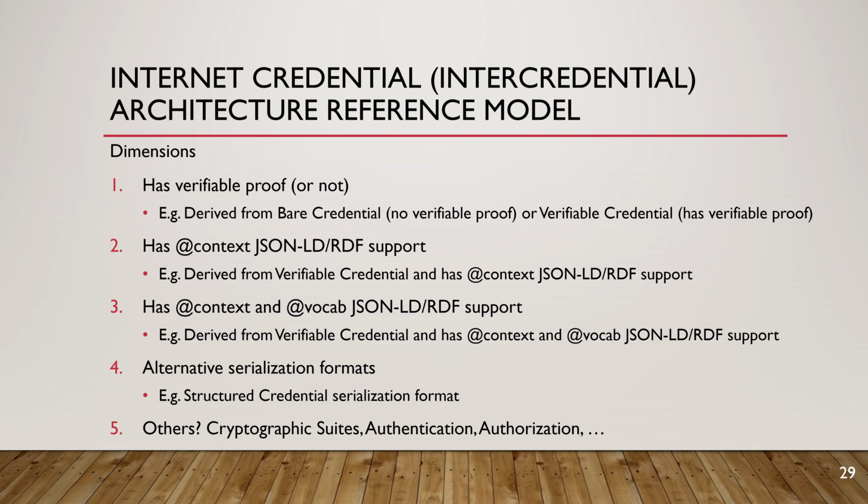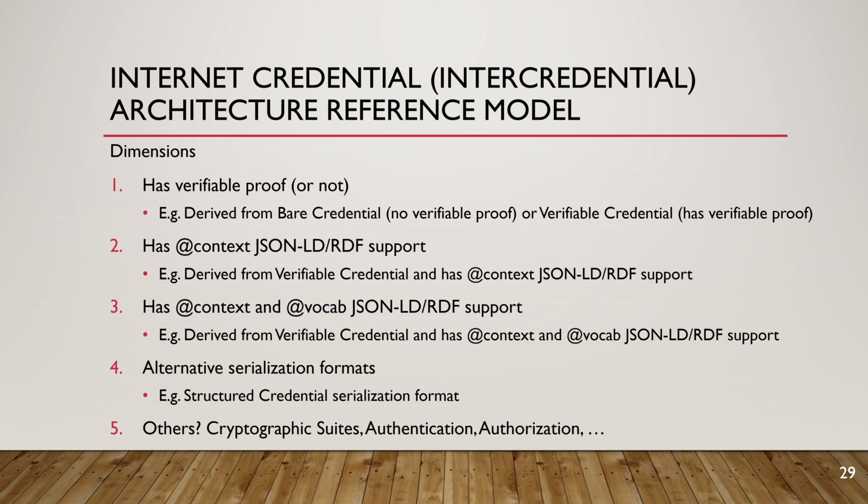So starting in the bottom left-hand corner, we have a bare credential. It's a credential that has an identity as one of its attributes or claims or properties. It does not have a verifiable proof. You can see that on the vertical axis. At the top of the vertical axis, we have the VC profile, which is a verifiable credential.